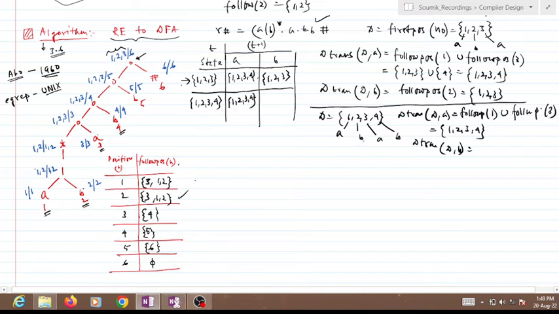So b means 2 and 4. So this is followpos of 2 union followpos of 4. Followpos of 2 is 1 2 3, and followpos of 4 is 5. So it will be 1 2 3 5.